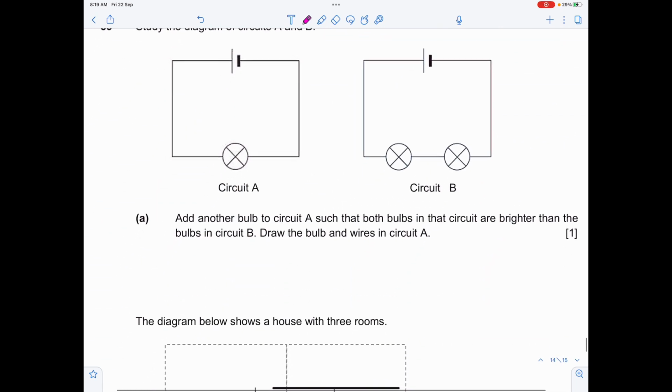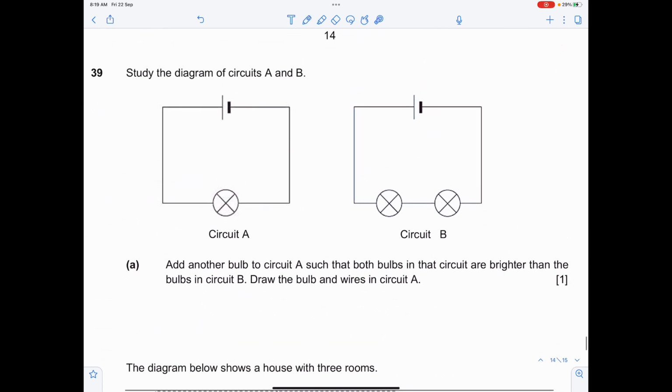Okay, next. Now study the diagram circuit of A and B. Add another bulb to circuit A such that both bulbs in that circuit, so that circuit refers to A, are brighter than the bulbs in B. Draw bulbs and wires in circuit A. Now, if they didn't tell you what type of bulbs or switch or whatever components to draw, if they say draw bulbs, make sure you use symbols.